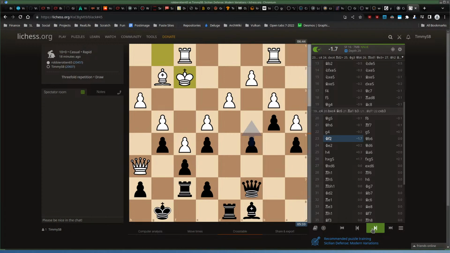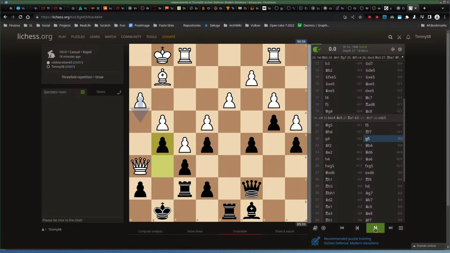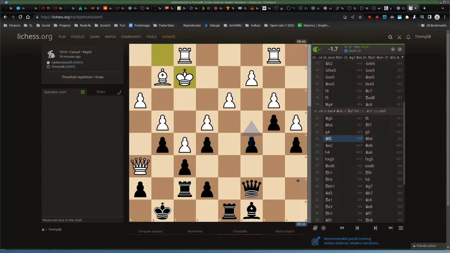He's coming out with his king here. An instant minus 1.7, starting with giving away a pawn. I really need pattern recognition, man, to see this. Why is that good?